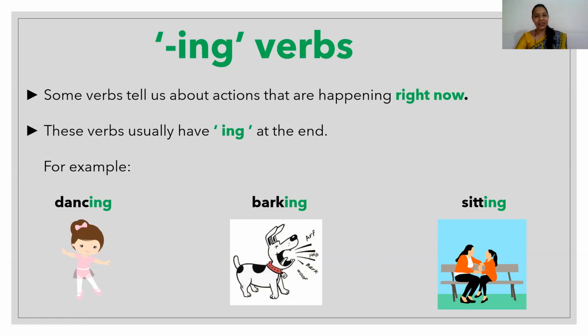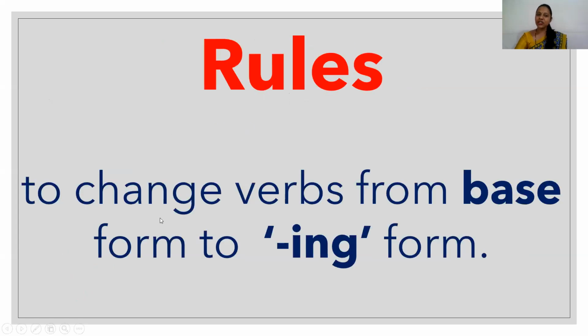Okay. Now that we have understood what ing verbs are, let us learn how to change a verb from its base form to its ing form. So, rules to change verbs from base form to ing form. Now, children, what is the base form of a verb?